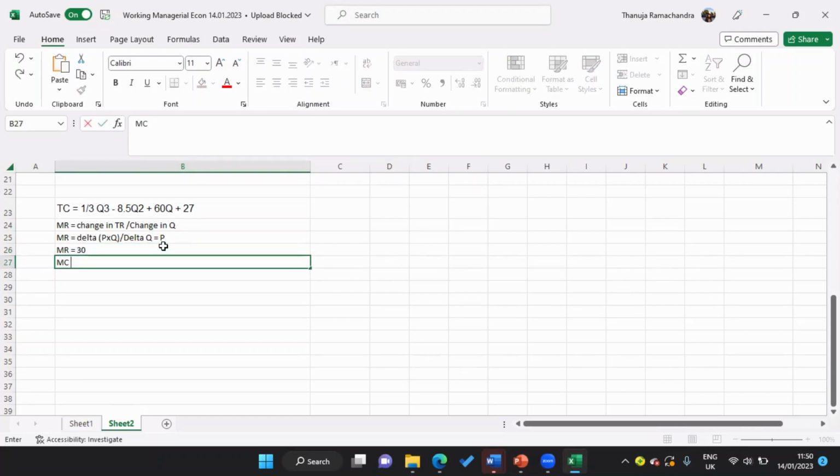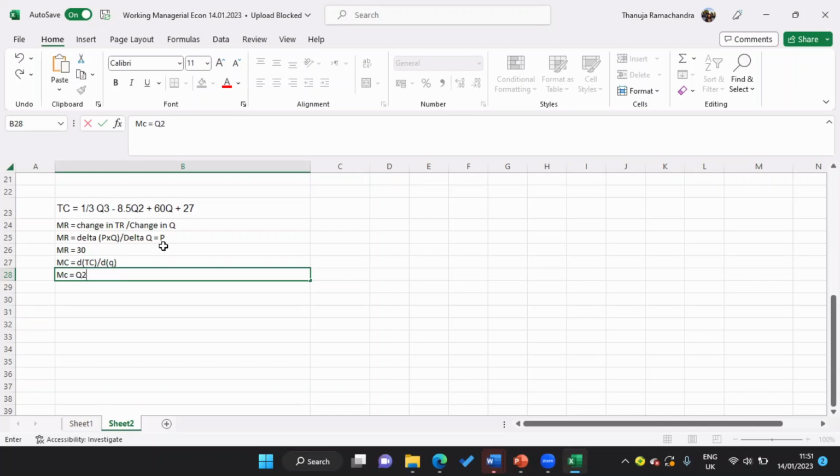MC is equal to dTC divided by dQ. So MC equals 1/3 into Q cubed, so 3Q squared; the 1/3 and 3 cancel out.